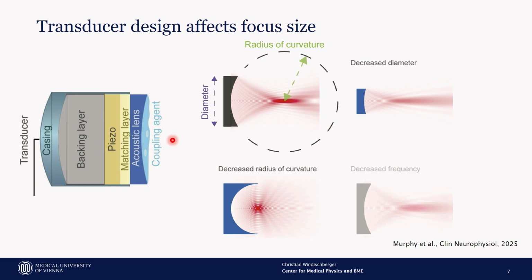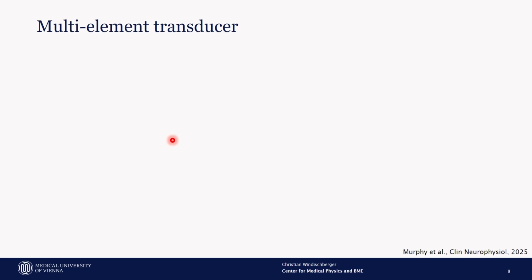And by changing the frequency, we are changing the wavelength. So if we decrease the frequency, we are increasing the wavelength, and for this reason, your focus size will become bigger. So selecting your transducer geometry has very strong effects on the focus sizes and the focus shapes that you will be able to generate.